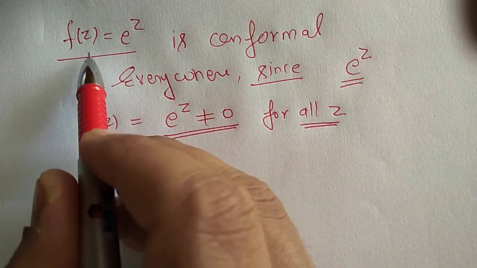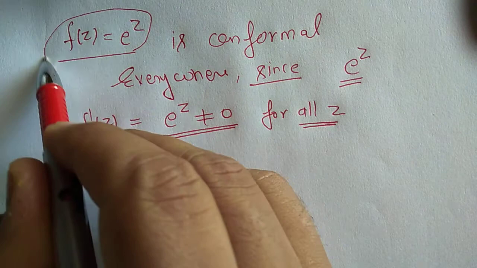So we say f of z equal to e power z is a conformal mapping.